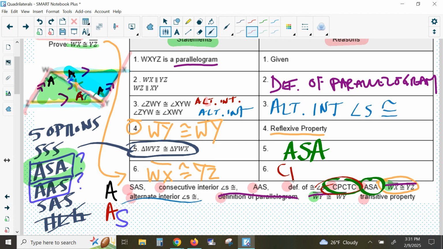So it is corresponding parts of congruent triangles are congruent. So that is CPCTC, corresponding parts of congruent triangles. And remember, you could only use that if you already proved that these two triangles were congruent. Okay? And remember, to prove triangles congruent, you only have these 5 options.